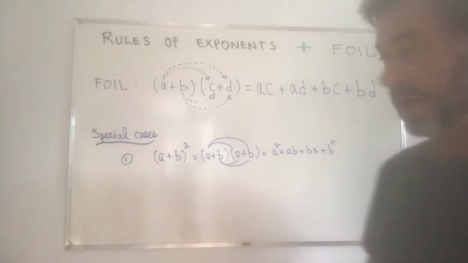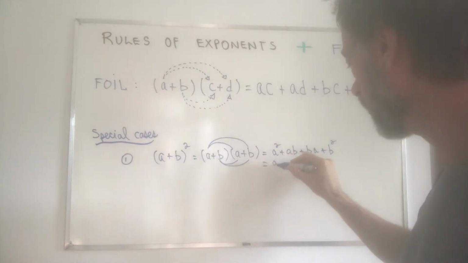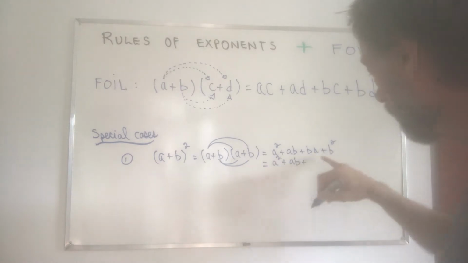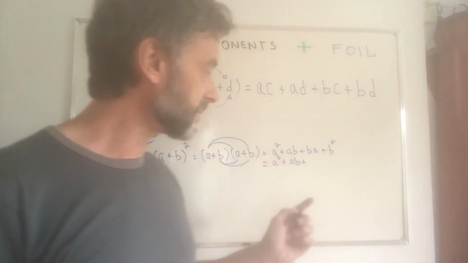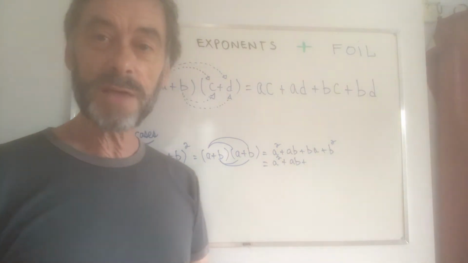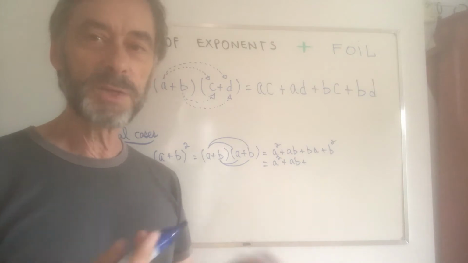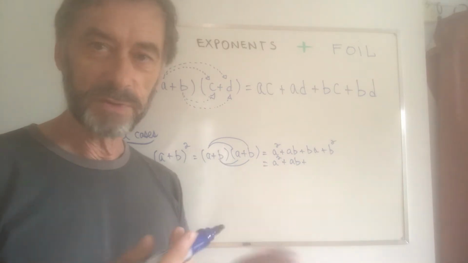So that can be simplified. Yes, of course, it can. So A squared plus AB. Now, BA, what's BA? Well, it's going to be the same thing as AB. Why? Because 2 times 7 gives you the same thing as 7 times 2. We say that multiplication is commutative, right?